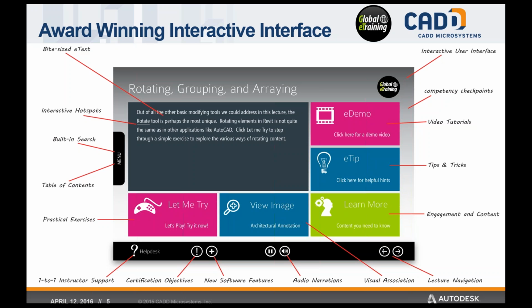We have image association, so if you're not working in the Autodesk software at the time, you can still see what it's going to look like. And then once again, that real hands-on aspect, we have video demonstrations so that you can see an Autodesk instructor go through all the actions that you just learned about, and the Let Me Try exercises, which give you an opportunity to practice everything you've learned in a safe space, as well as using that for a guide as you are working on projects.